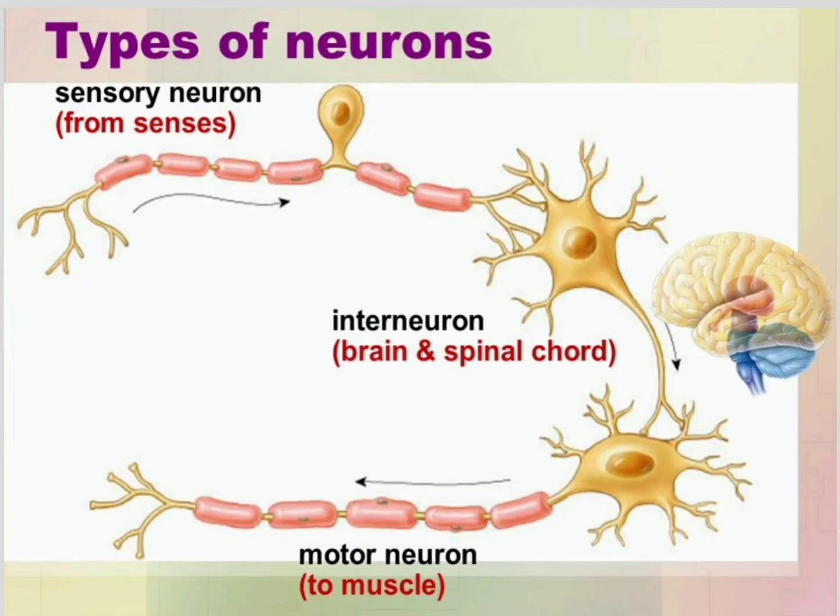Then the second one is called the motor neurons, and the third one is called the association neurons, or you can also call them the interneurons. So you have three types of neurons: sensory neurons, motor neurons, and interneurons, or you can say associative neurons.